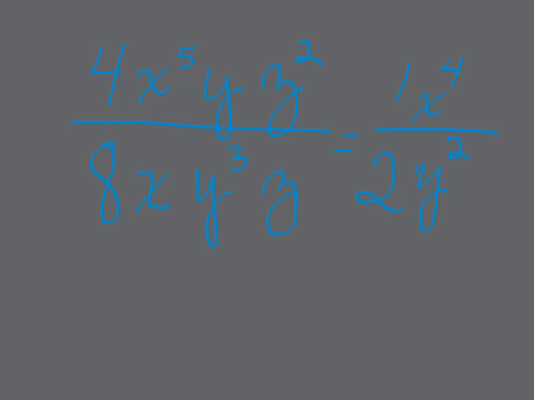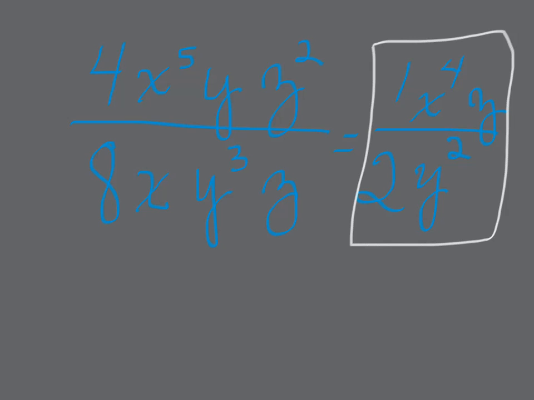And then z squared divided by z, subtract the exponents. 2 minus 1 gives us 1, and that remains in the numerator, giving us our simplified solution.